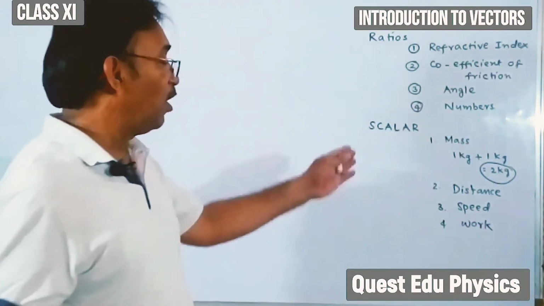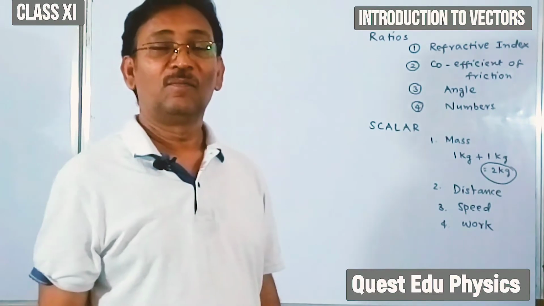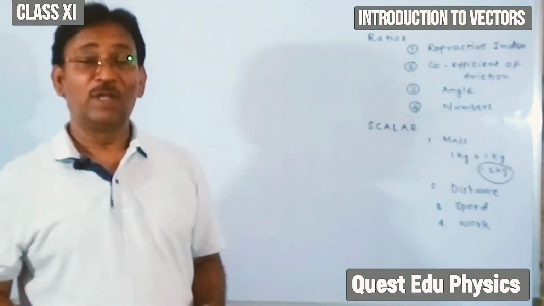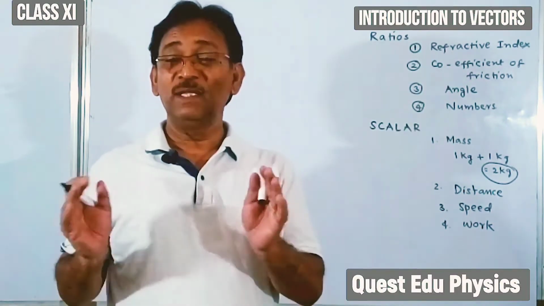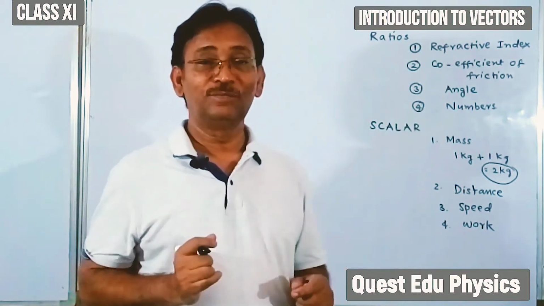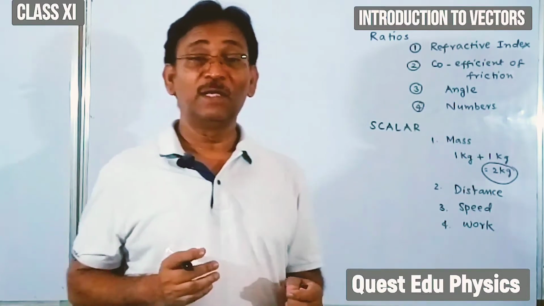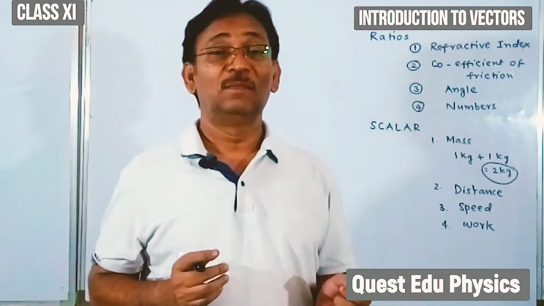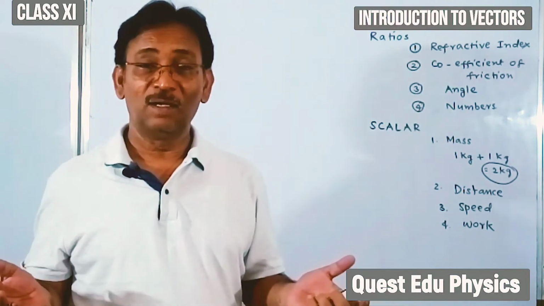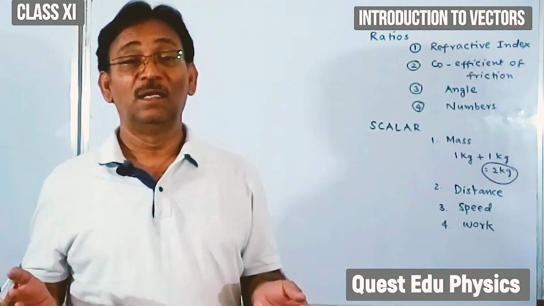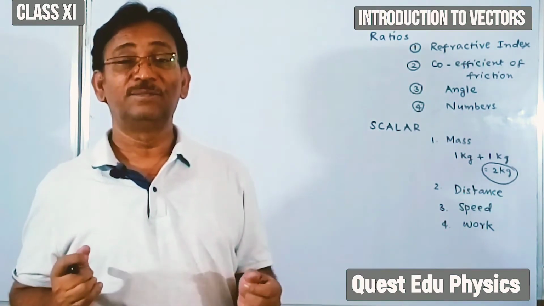What do we understand from all this? Any physical quantity is said to be a scalar when it has only magnitude, meaning measured value. Maybe now you have a doubt about time. Is it a vector or a scalar? Obviously, time is a scalar.